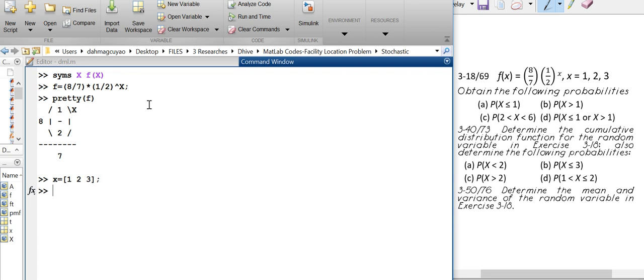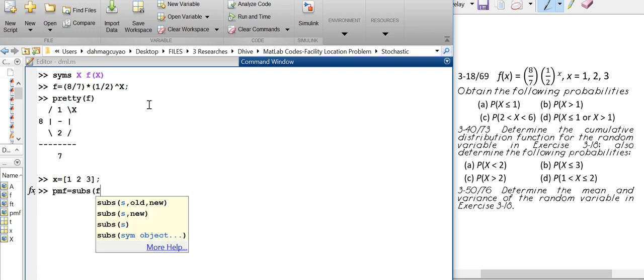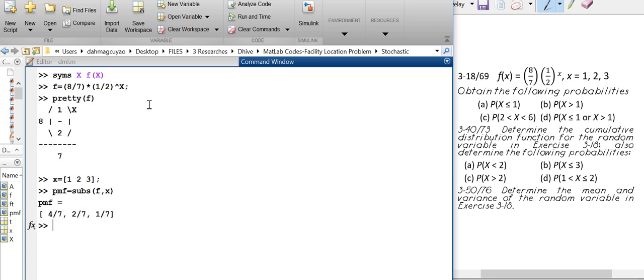Such that if we substitute x into f of x, we can have the probability mass function, PMF, in tabular form. So we have x equal to 1, 2, 3, and the PMF is 4 over 7, 2 over 7, and 1 over 7.